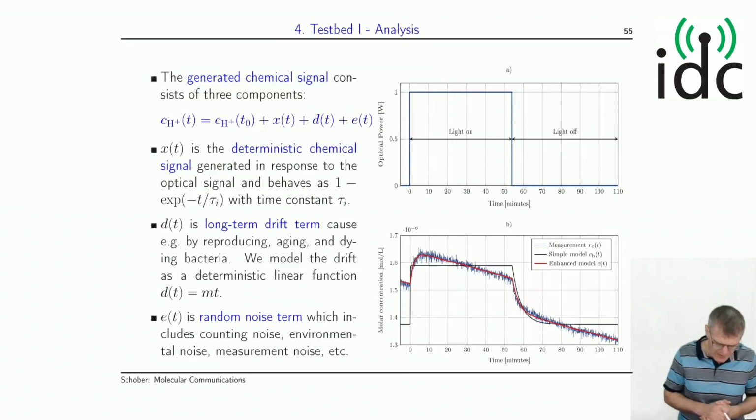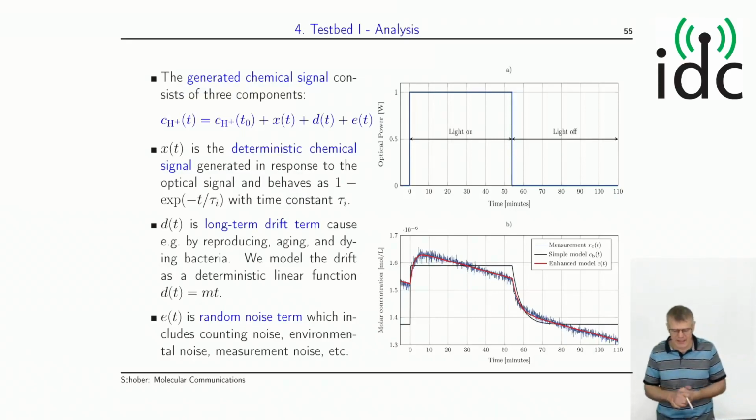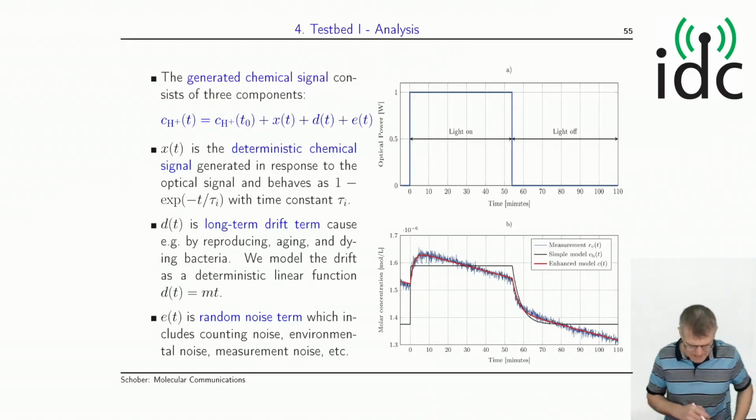Now, of course, we have to try to model this. To understand it, we have to model it and use the things that we've seen before for modeling and maybe also for communication system design. The model that we came up with for the concentration of the protons at the receiver is given here. It has 4 different components.